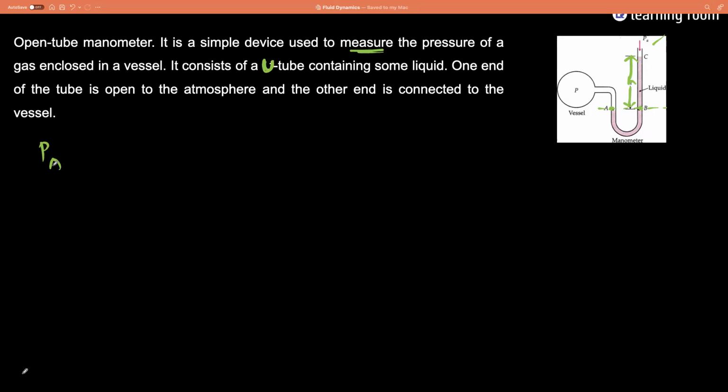Now tell me what would be the relation between all the 3 parameters. Can I say pressure at point A will be equal to the pressure at point B? Accepted. But what is going to be the pressure at point B? It will be the atmospheric pressure at the top plus what should get added to it?